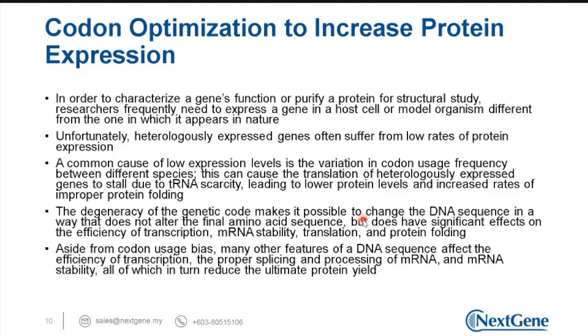Aside from codon usage bias, many other features of a DNA sequence affect the efficiency of transcription, the proper splicing and processing of mRNA, and mRNA stability, all of which will in turn reduce the ultimate protein yield.